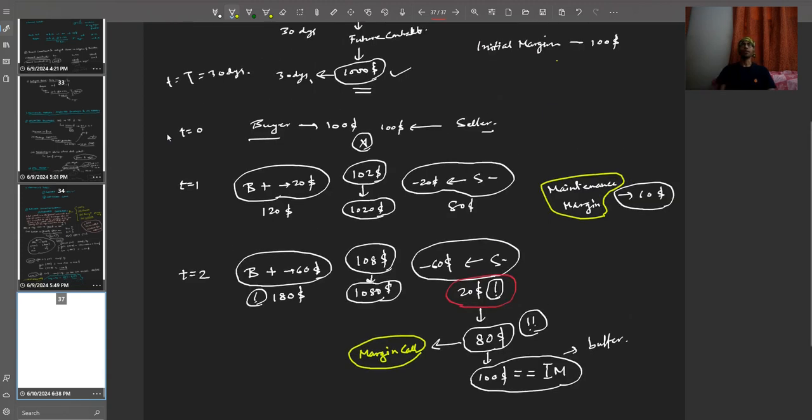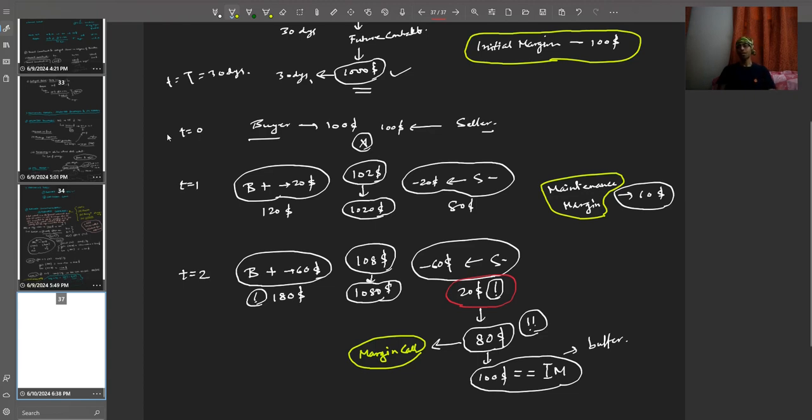Initial margin. So what is the initial margin, friends? Initial margin is the initial amount that the buyer and seller of a futures contract need to pay in order to enter into the contract. Then there is maintenance margin. Maintenance margin is the minimum amount of balance that an account needs to have for the account holder to remain in that futures contract.